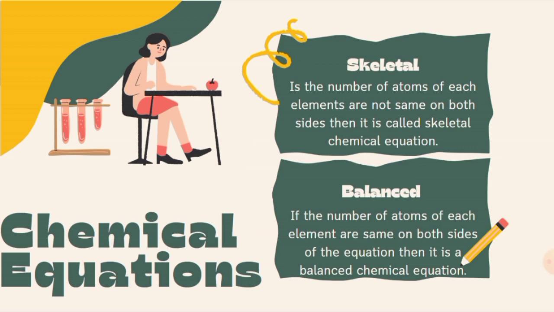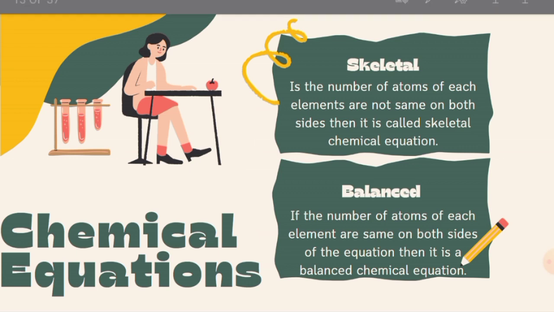Chemical equations are generally skeletal chemical equations and balanced chemical equations. Now what are these? When do we call an equation skeletal and when do we call it balanced, that is what we have to know. If the number of atoms of each element is not the same on both sides of a chemical equation, then it is a skeletal chemical equation.